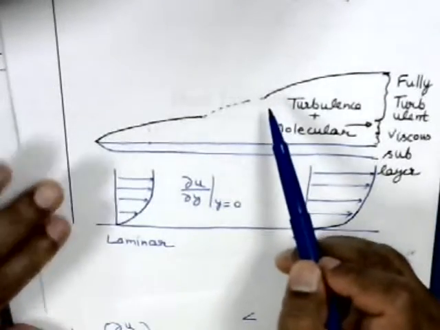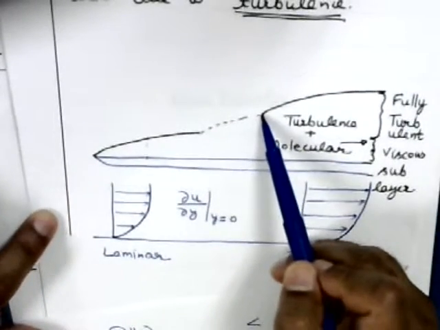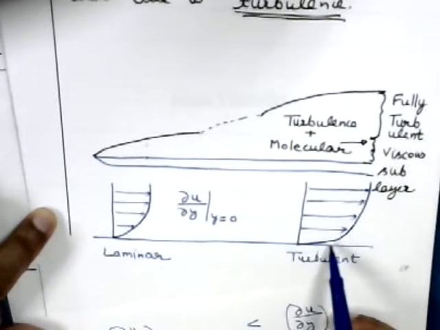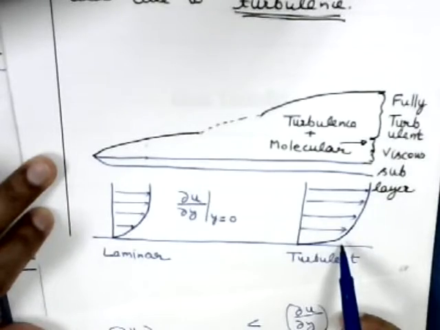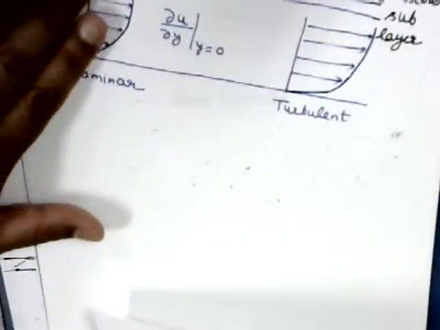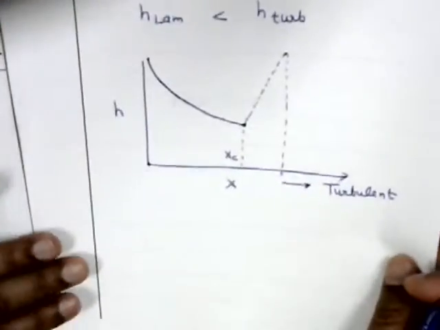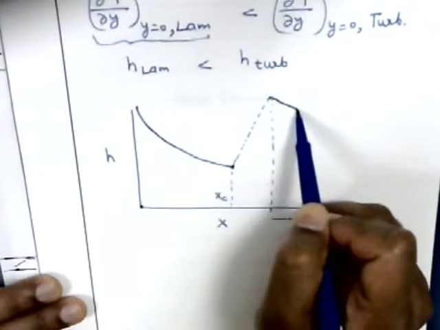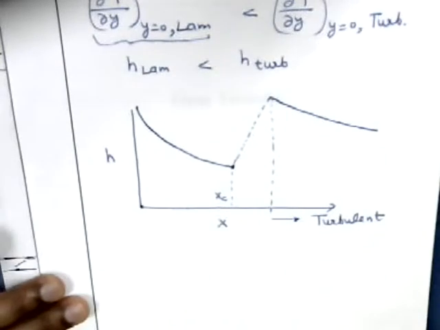But as the boundary layer thickness increases, starting from this point, this temperature gradient at the wall decreases. Okay. So the profile is like this. So the convection coefficient beyond this point again decreases. So that is the trend.